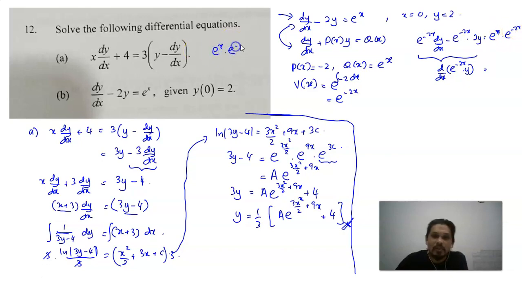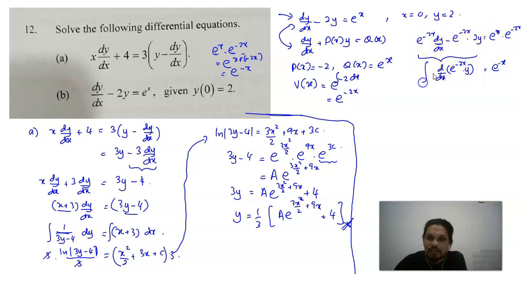With the same base, multiply, so x plus negative 2x, which is e power of negative x. And then the derivative of e power of negative 2x times y equal to all this.